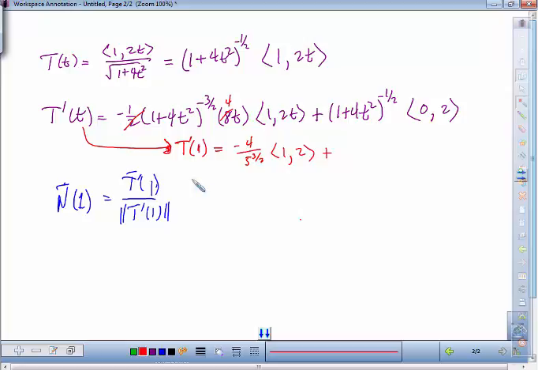Did I do that right? If I put 1 in for the first part, in for t? All right, you guys think about that. I'm going to keep going. Square root of 5 in the bottom, and then 0, 2.